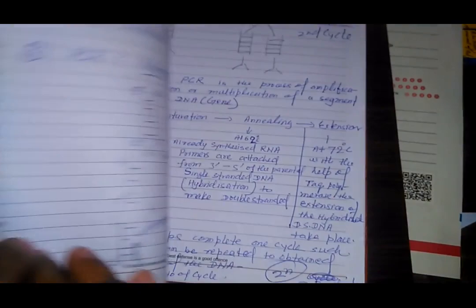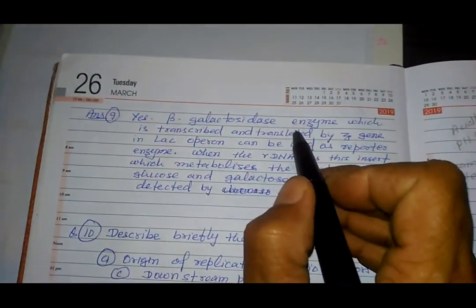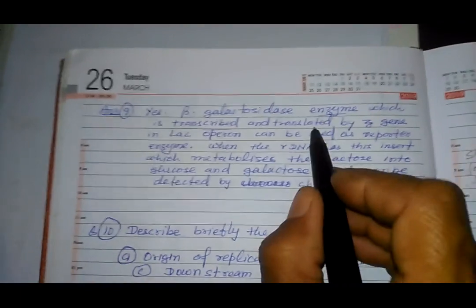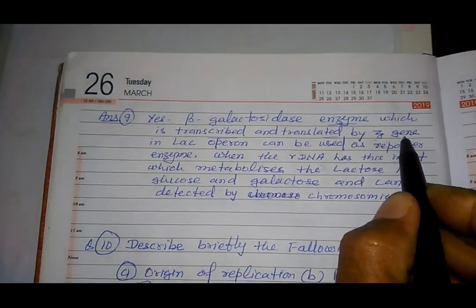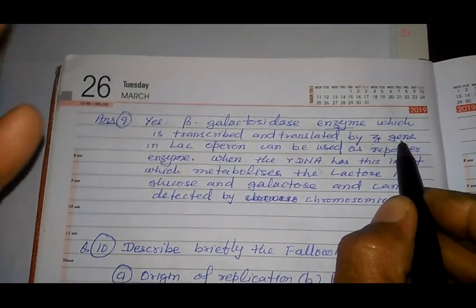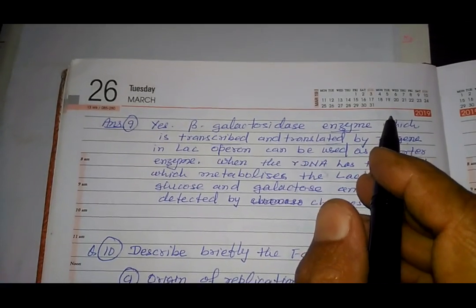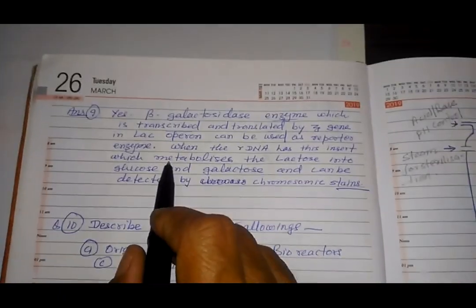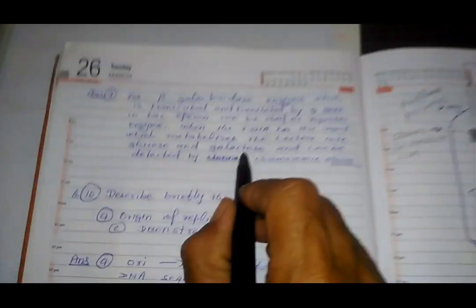In the lac operon, we have studied that beta-galactosidase is the enzyme, which is transcribed and translated from the Z gene. Remember the lac operon. If you have not seen it, you can see my video. In the lac operon, I have already explained how beta-galactosidase metabolizes lactose into glucose and galactose.